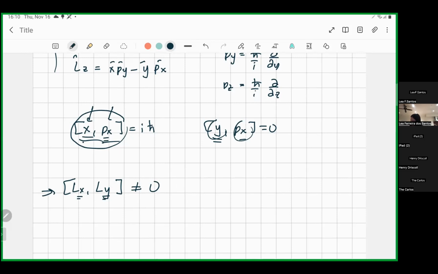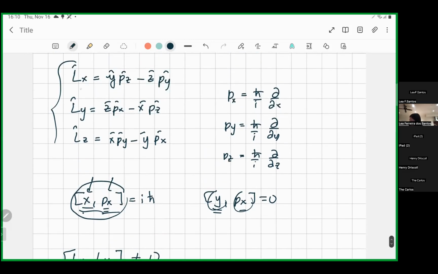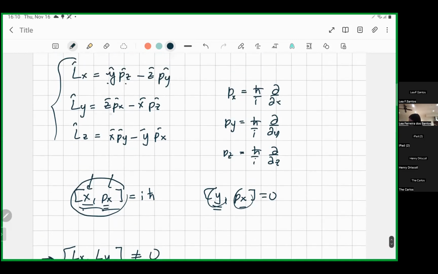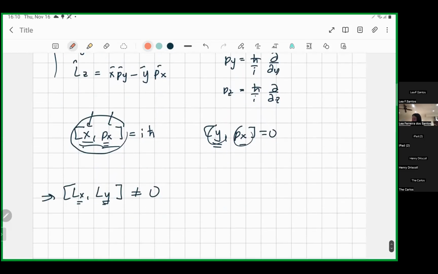Why? Because you see that the x here has components in y and z, and the y here has, again, components in z and x. So you see that there are z components here, and there are z components here. Okay, so when we are thinking about position and momentum, they will not commute if they are in the same direction.